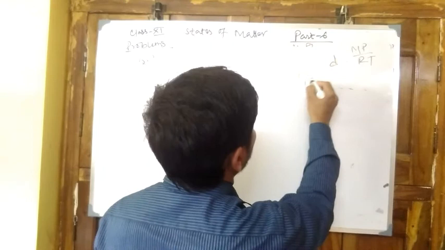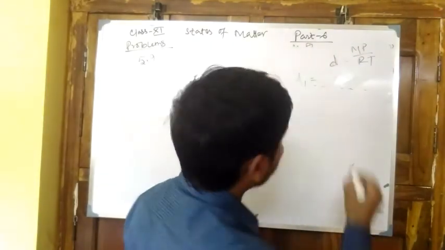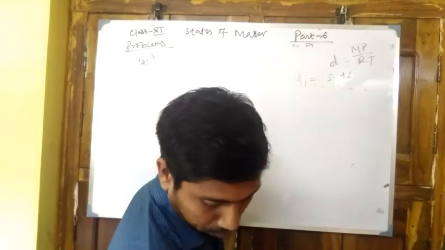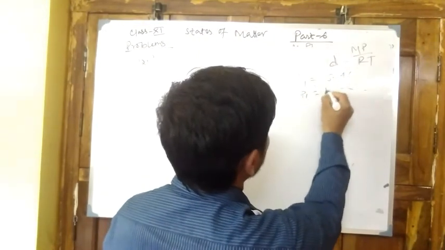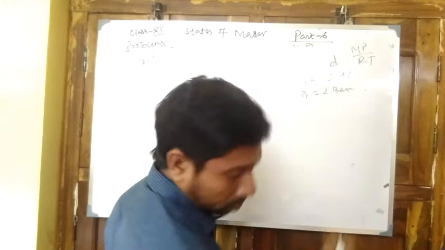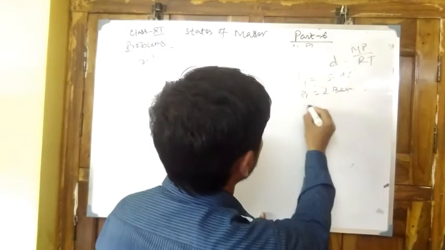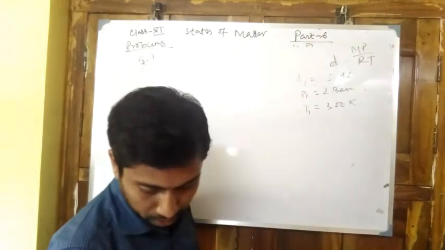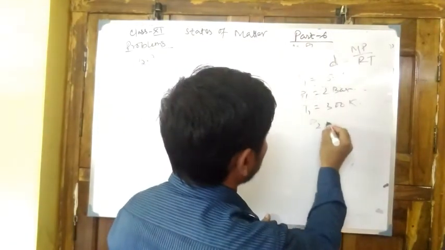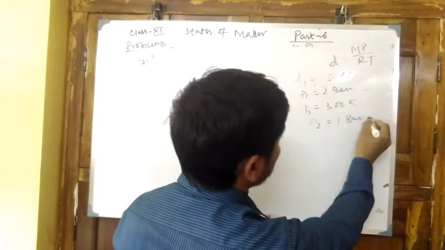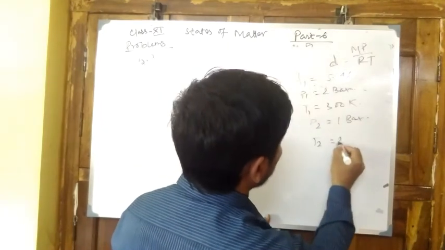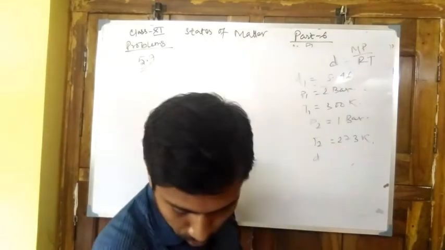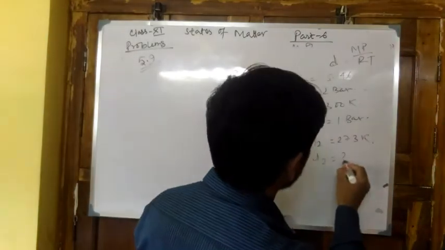Now D1 is equal to 5.46, P1 equal to 2 bar, T1 equal to 300 K. Next P2, that is at STP 1 bar, T2 is equal to 273 K, and D2 we have to calculate.